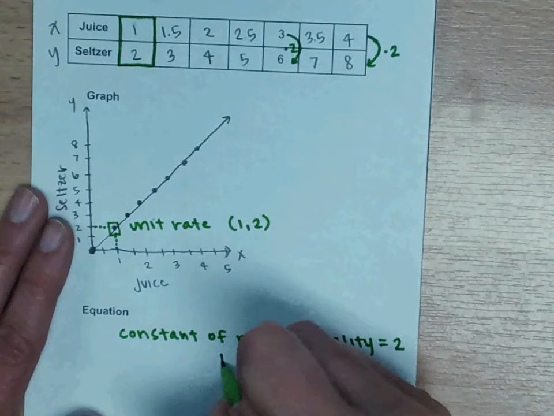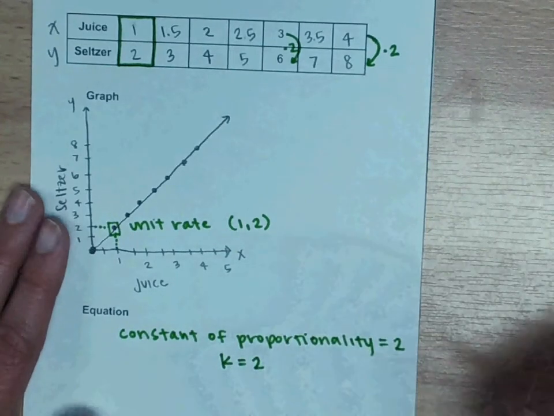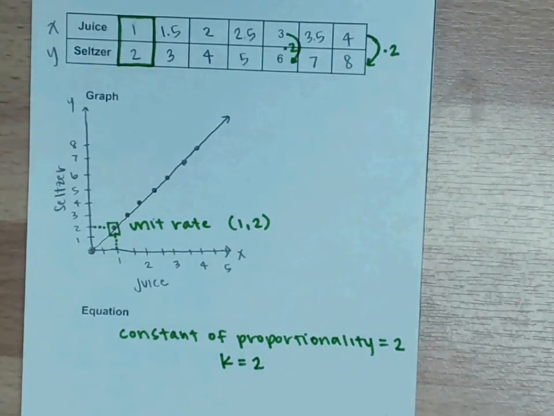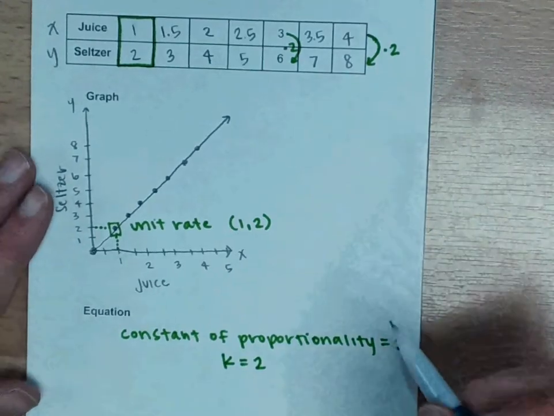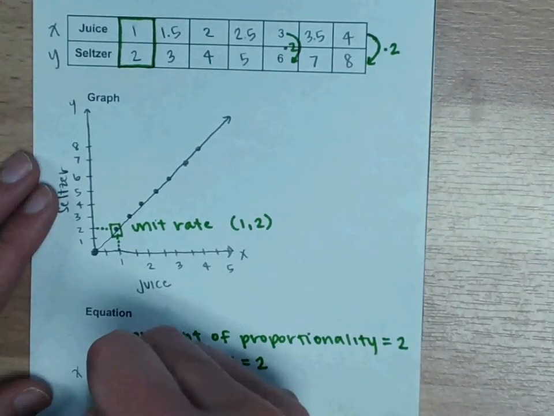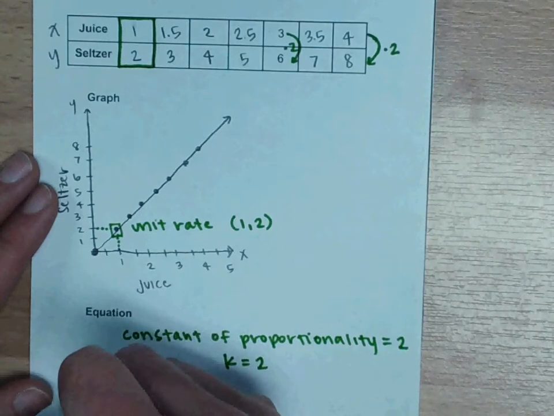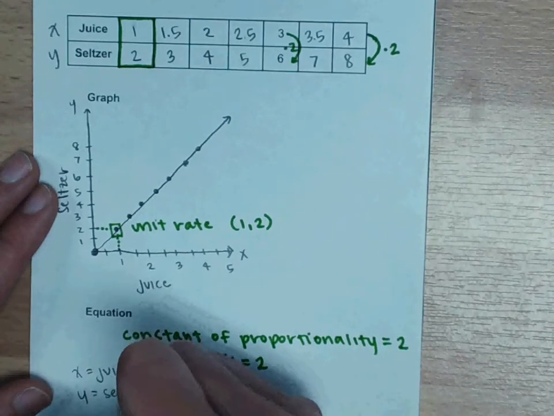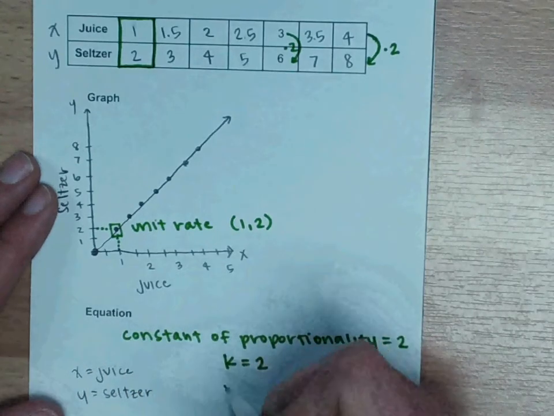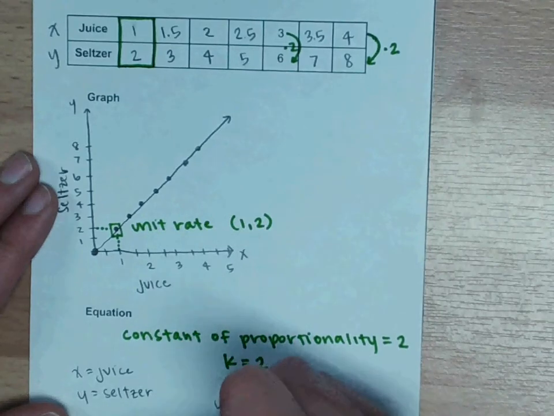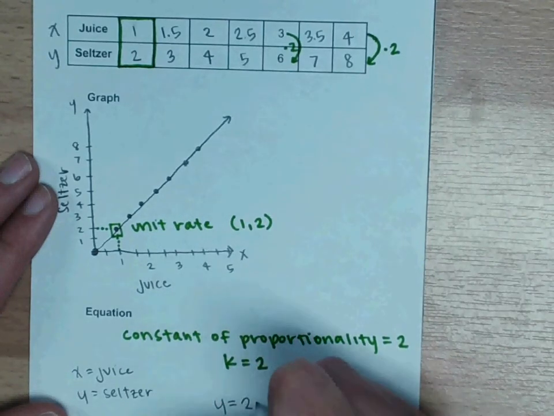That means that k equals 2. Remember that k from yesterday? Okay, we said that x is going to equal the juice and that y is going to equal the seltzer. So we can write our equation y equals 2 times x.